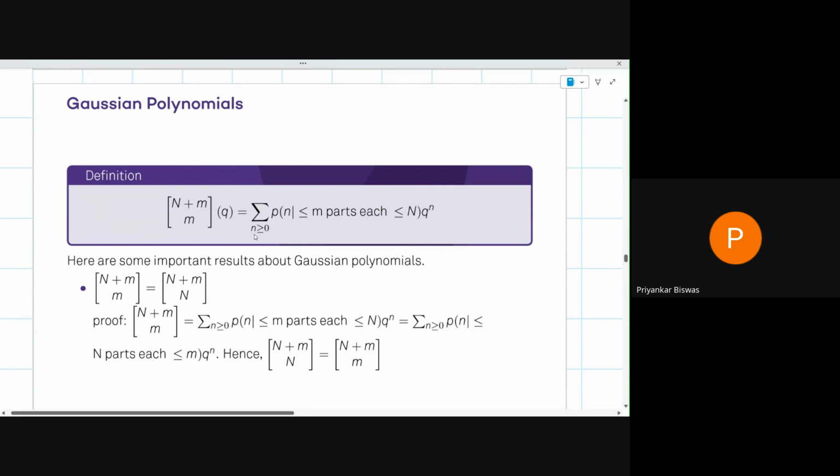This is some kind of function where if you put q to be 1, then you will get the binomial coefficient n plus m choose n, right? Because of the Ferrers partition of n given less than or equal to m parts, each less than or equal to capital N. Now consider this lattice.